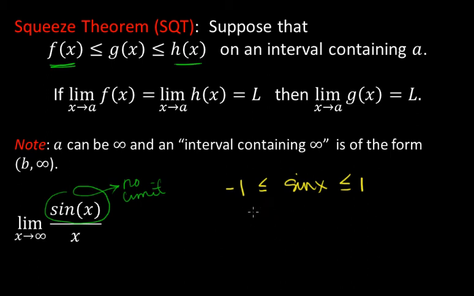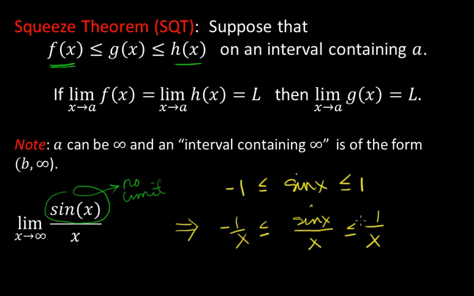So this implies that, all right, now listen carefully, x is becoming large without bound. So certainly I can assume that x is a positive number, and if I divide all parts of this inequality by x, it's positive, and so the inequality sign remains in the same direction. You have to be really careful with inequalities.